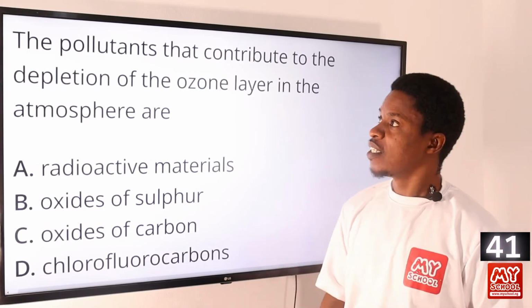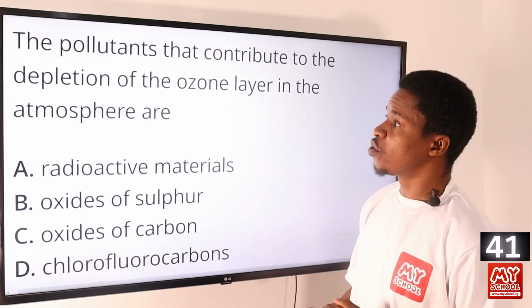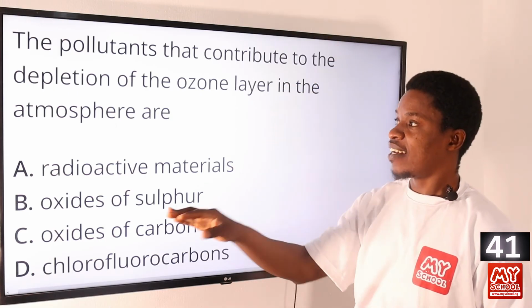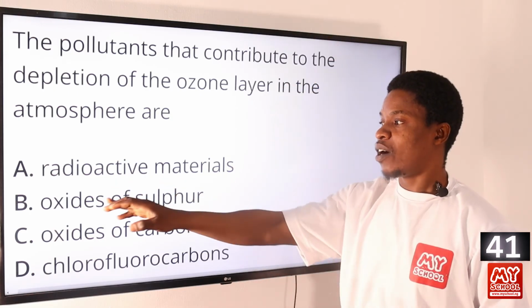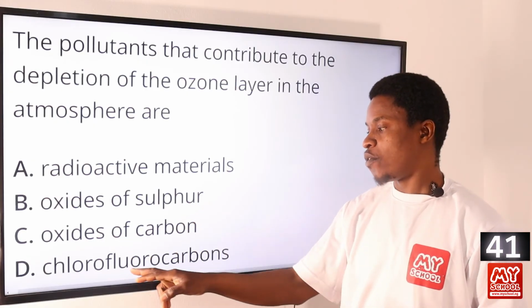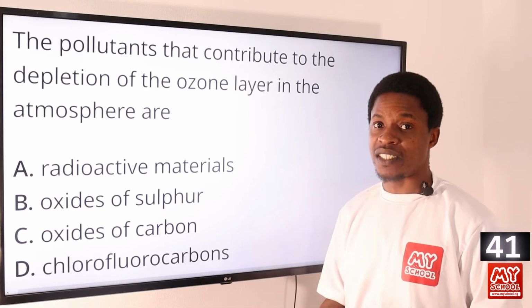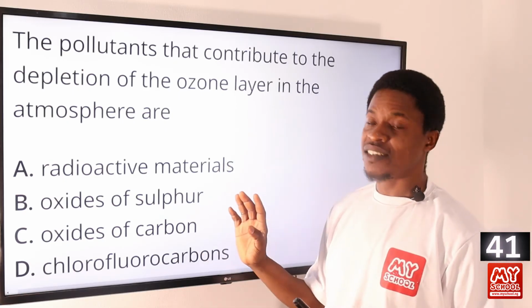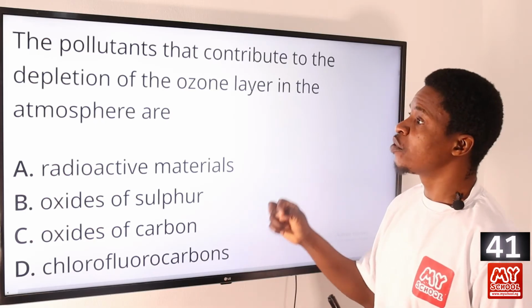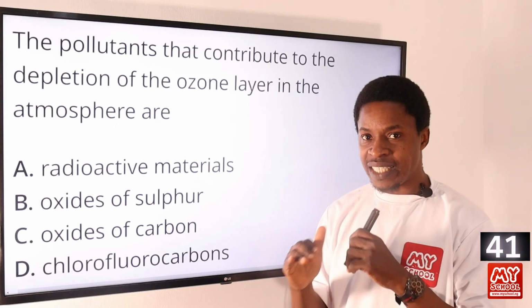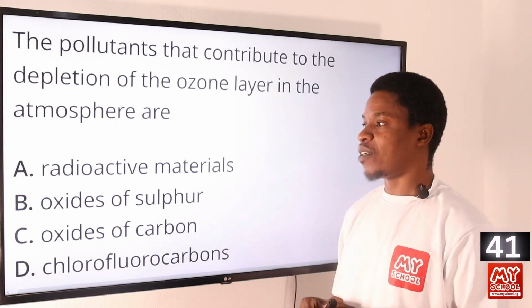Question 41. The pollutants that contribute to the depletion of the ozone layer in the atmosphere are radioactive materials, oxides of sulfur, oxides of carbon, chlorofluorocarbons. That's what we call the CFC, okay? Now, of course, they are all pollutants, but the one that contributes to the depletion of the ozone layer, that makes it deplete gradually, okay?